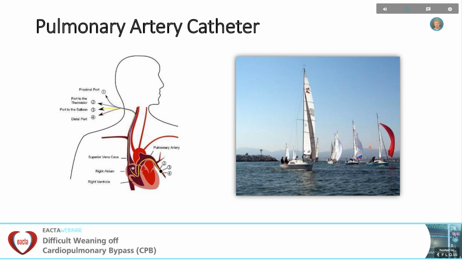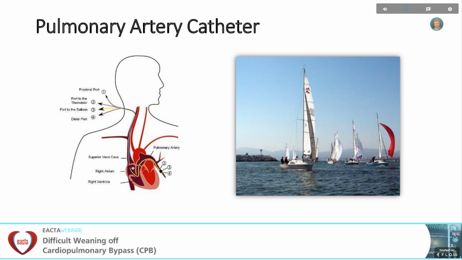So he had the idea to put this balloon on the tip of the catheter. What do I mean by that? It's the same as wind. You have to have a good wind to move the boat, so you have to have a good flow of blood to move the tip of the catheter.